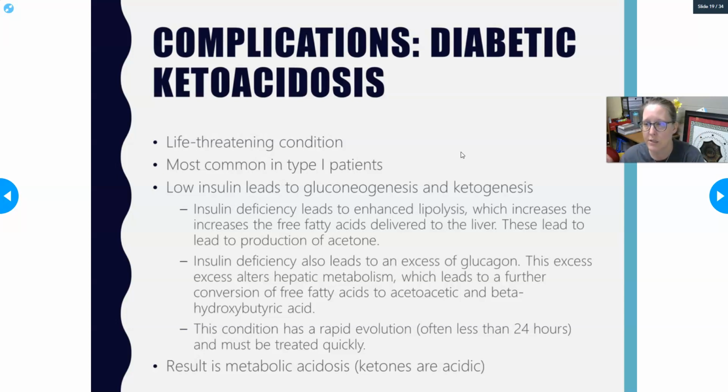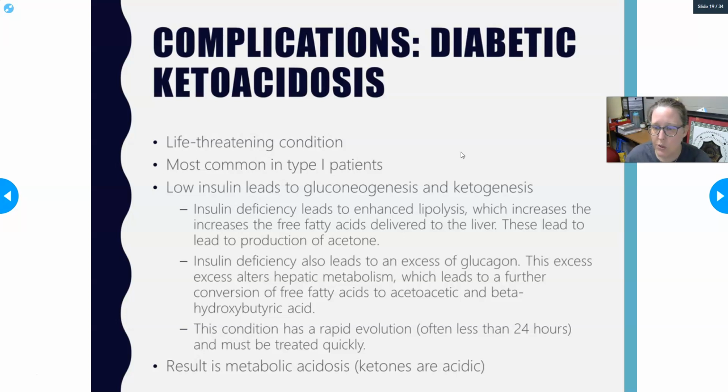And then ketogenesis, because it's going to alternatively burn fat as fuel until it can get glucose in. So the insulin deficiency leads to enhanced lipolysis, the breaking down of fats, which increases the free fatty acids that are delivered to the liver, and these, as they are metabolized, lead to the production of acetone, also known as ketones.